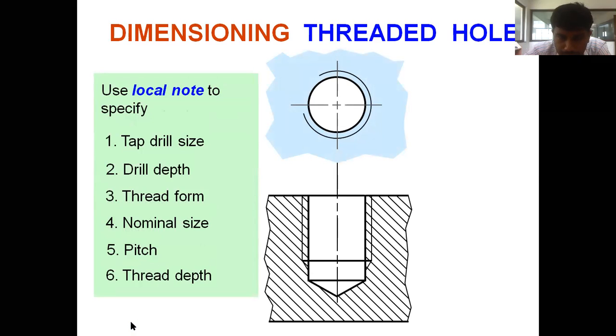So this is a hole, an internal thread. 8.50 drill size, drill depth 20 deep, thread form M10 with nominal size, tapped with 15 mm depth. So this is how we mention it.